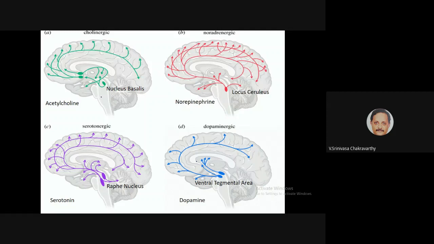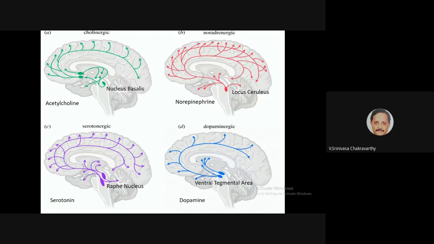One cluster projects to only subcortical targets. The other cluster projects to lots of cortical targets. For example, acetylcholine has two such clusters. One is nucleus basalis, which projects to the cortex. See that it's going all over the place. But a small set of neurons sending out long connections to extensive targets all over the brain.